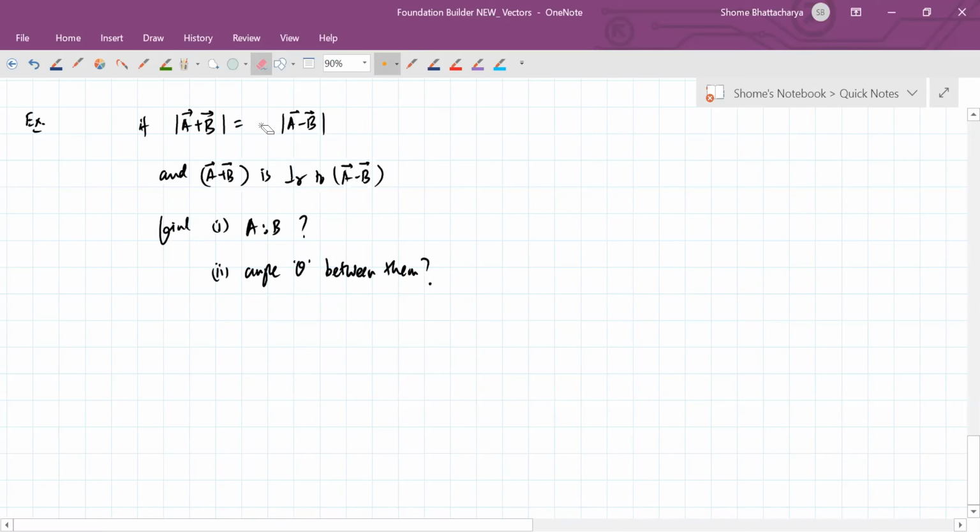We will make this case. 1 by root 3. Work this out quickly.